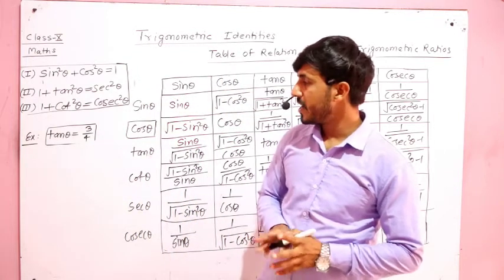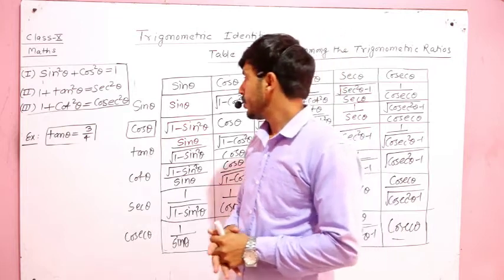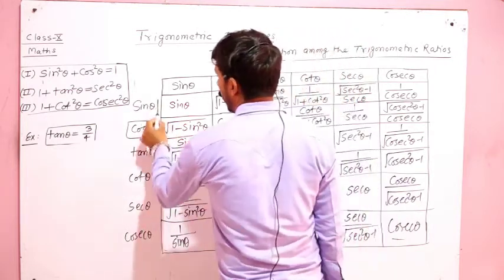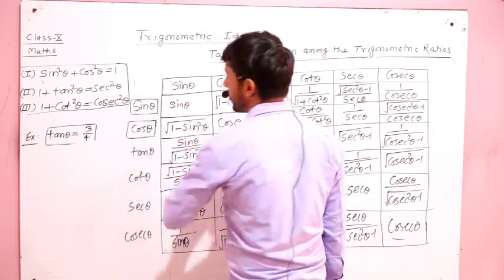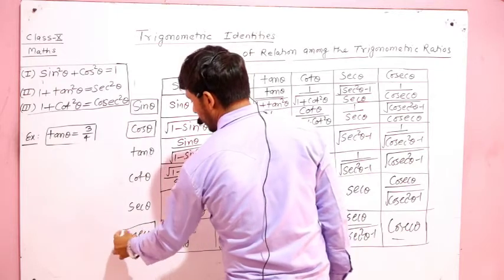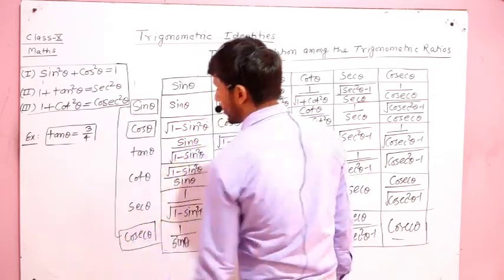You can obtain directly the value of any trigonometric ratio. So first you can see in this table, if you know the value of sin theta, then you can directly know the value of cosec theta. How? Because sin theta is the opposite, the reciprocal, of cosec theta.